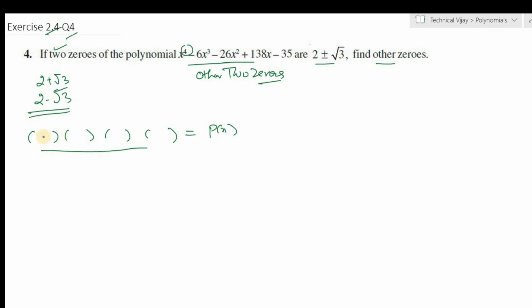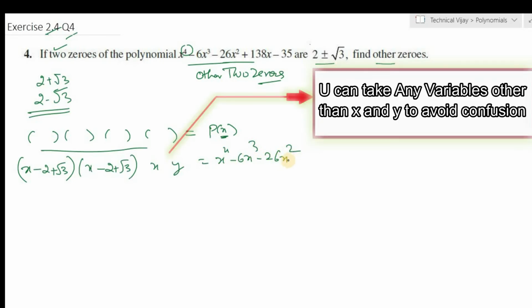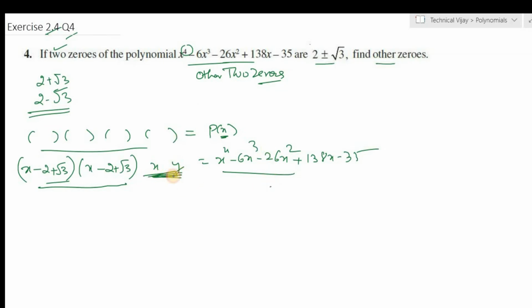Here the variable is x, so we take x minus 2 plus root 3 as one factor, and x minus 2 minus root 3 as another, and the other zeros' factors, equal to x to the power of 4 minus 6x cube minus 26x square plus 138x minus 35. This is the equation. First we will find the product of these two, then divide the polynomial by this product, and you will get the product of the other two zeros. Afterwards you can factorize and find the zeros.